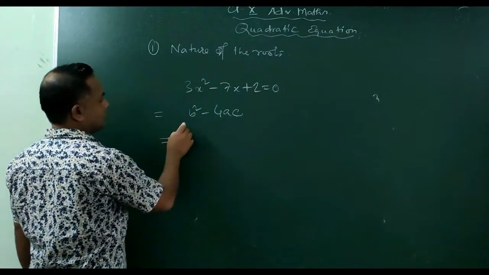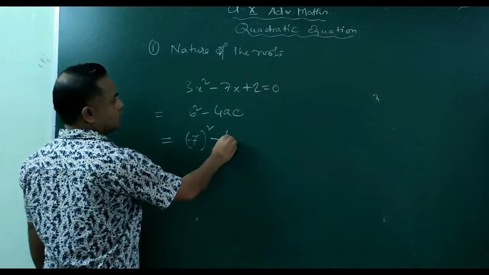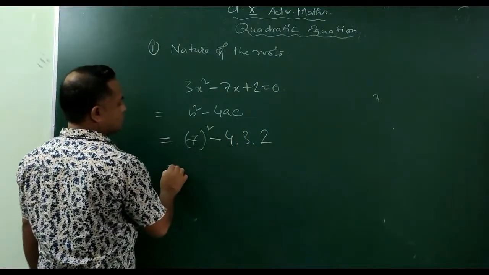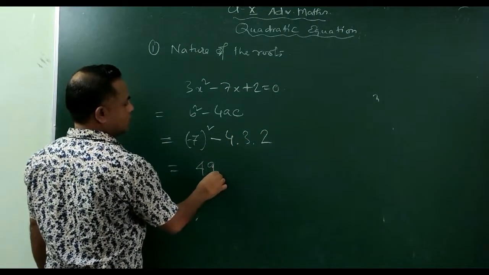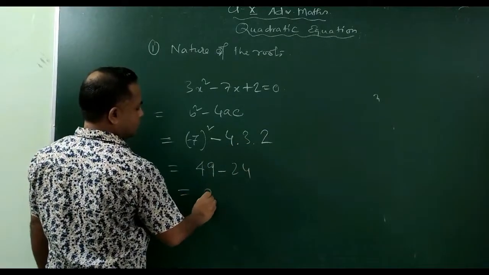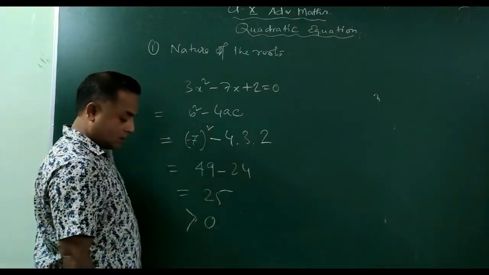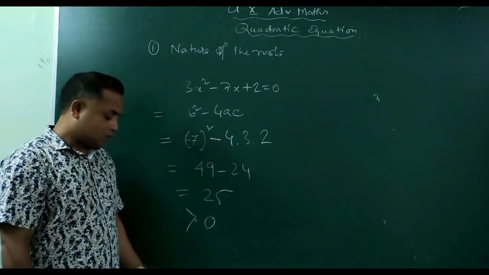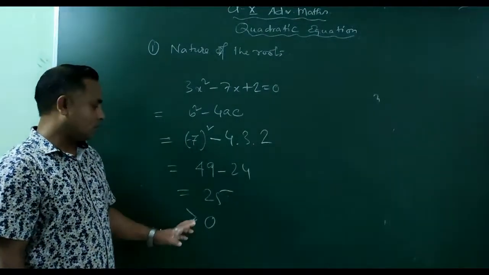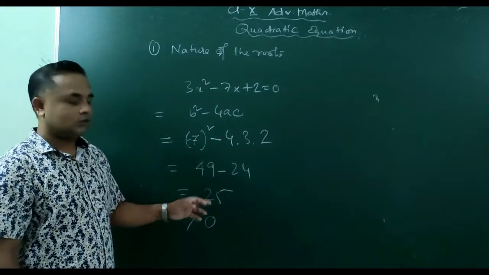We put the values: minus 7 square minus 4, a is 3, c is 2. 7 sevens are 49 minus 4 times 3 times 2 is 24. That is 25. So this is also greater than 0. So the roots are real, unequal but rational. Why is it rational? Since 25 is a perfect square.